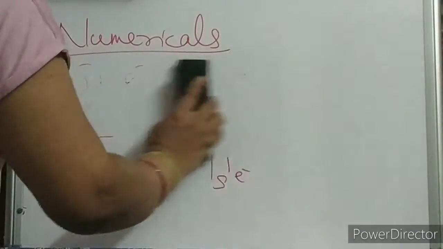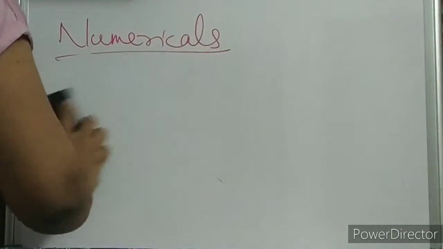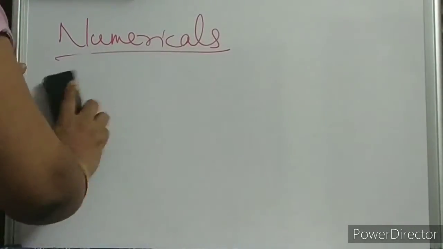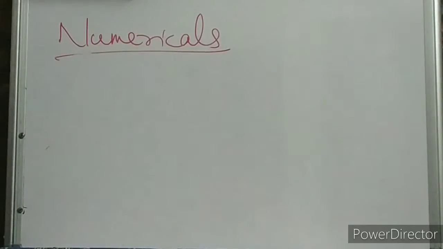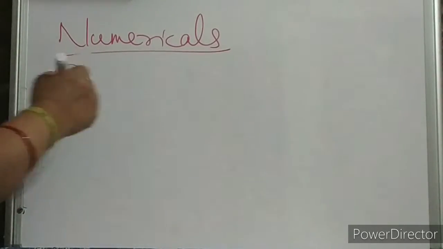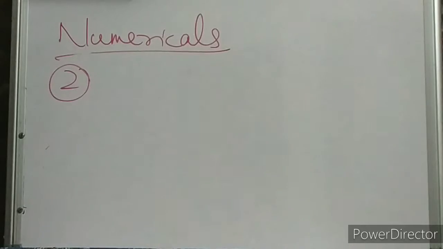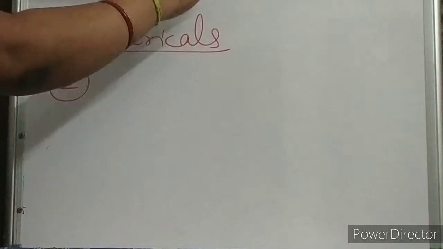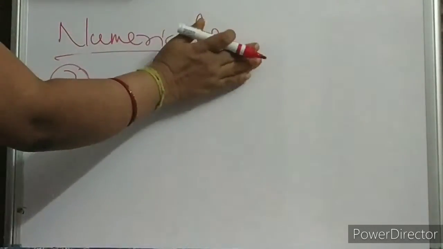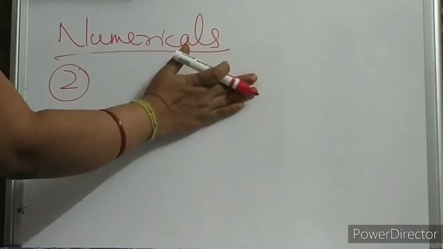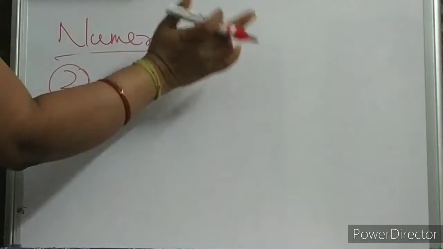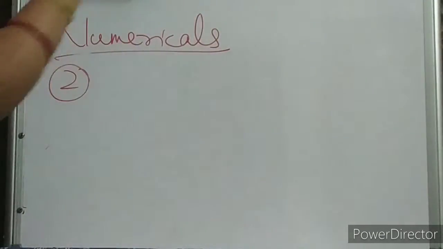Next problem is also easy, but a little bit of imagination is required. Problem number 2. Imagine that you are sitting in a chamber with your back to one wall. Suppose you are sitting over here, so your back is towards one wall, any wall.